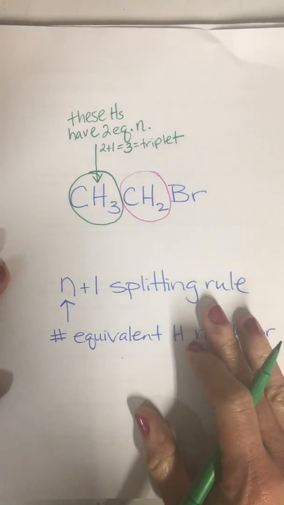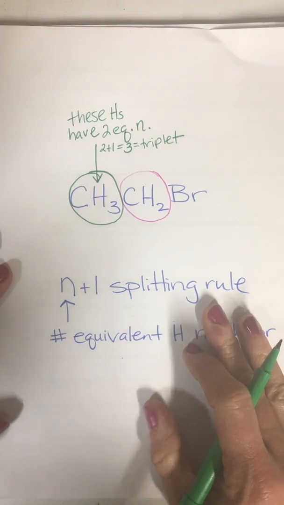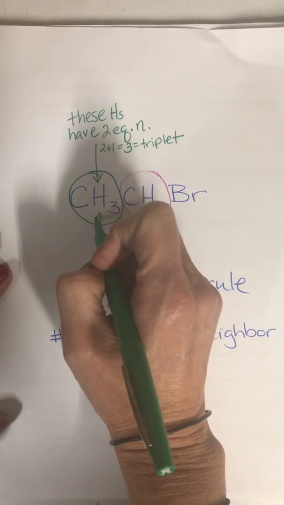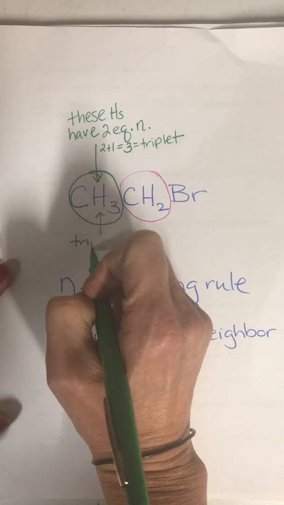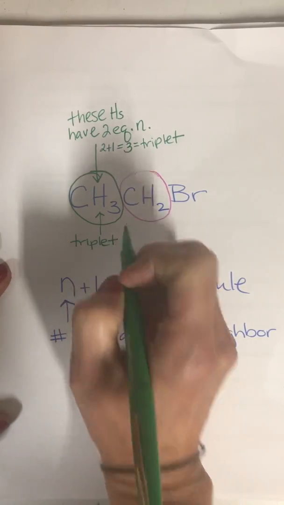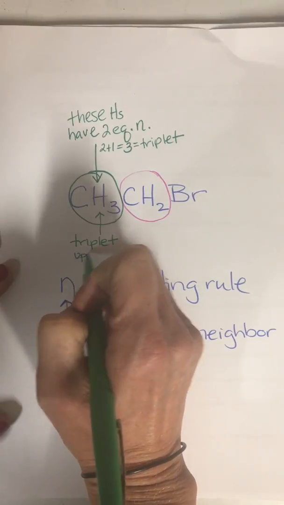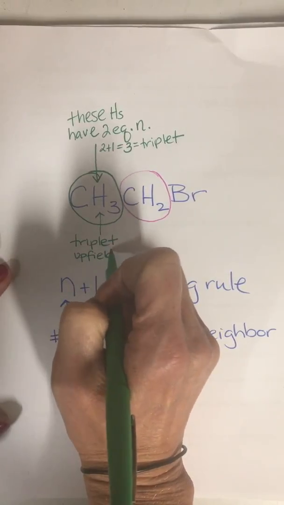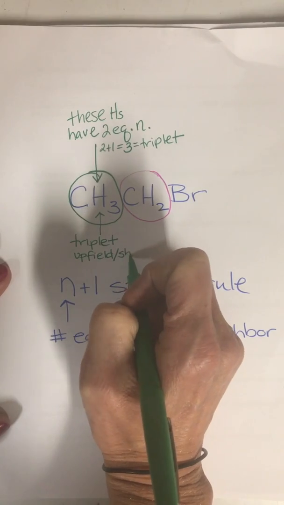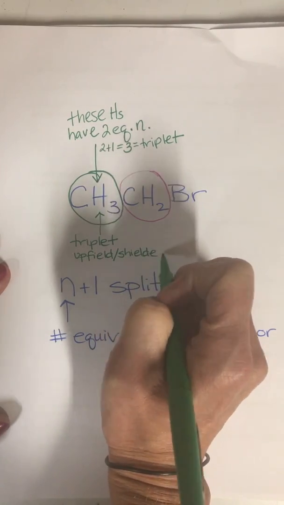We'll draw a picture in just a minute of what that would look like. These guys have a triplet signal, and it would be more upfield, a little more shielded than the other ones.